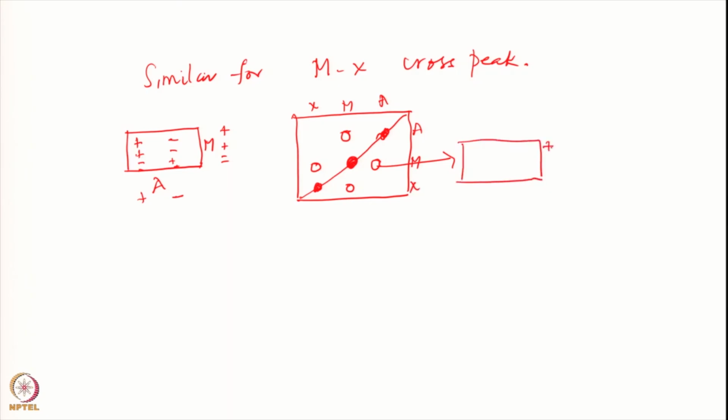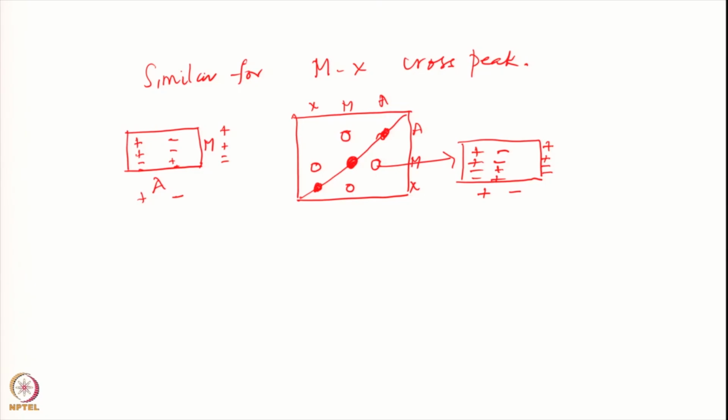So this side is plus plus minus minus, this is plus minus. So I will have plus minus plus minus minus plus minus plus. So this will be the structure for the other peak. Therefore depending upon which peak you are looking at, you will have the fine structure.